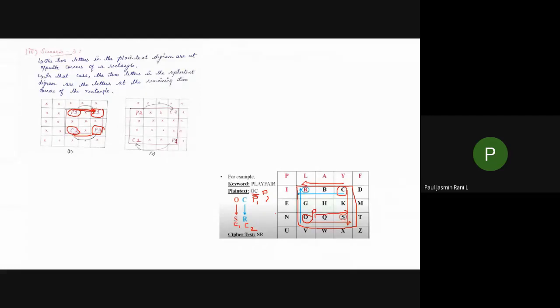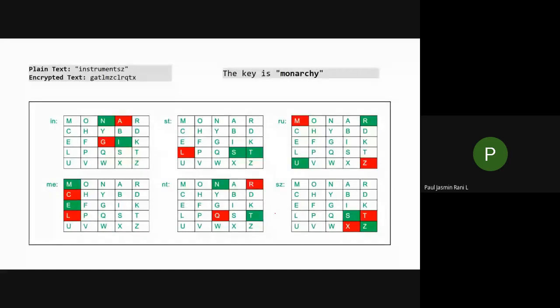Within these three cases you'll get the plain text and find the ciphertext. Shall I proceed? Do you have any problem? Shall I continue? Anyone? Any doubt?